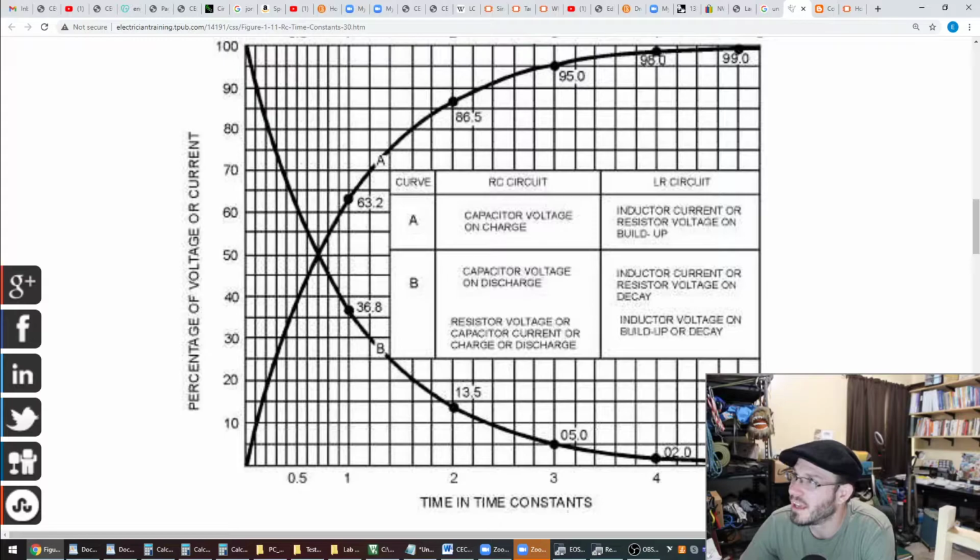And similarly, this B line is either the capacitor voltage on discharge, or the resistor voltage and capacitor current during charging. Then you can flip those around, and also for an LR circuit. So our RC circuits and our LR circuits all follow this chart.